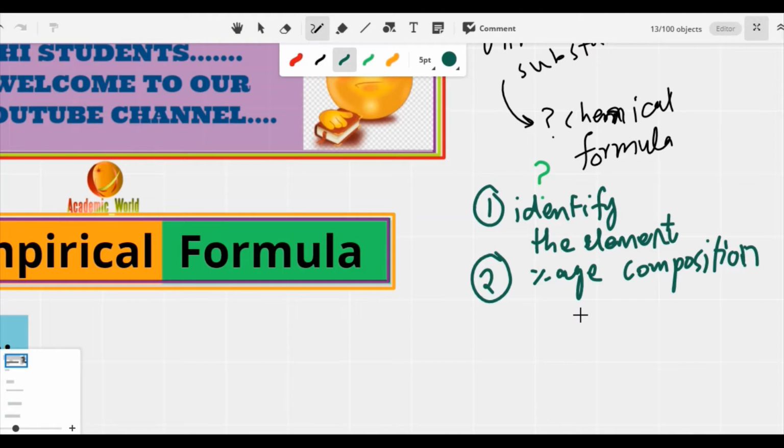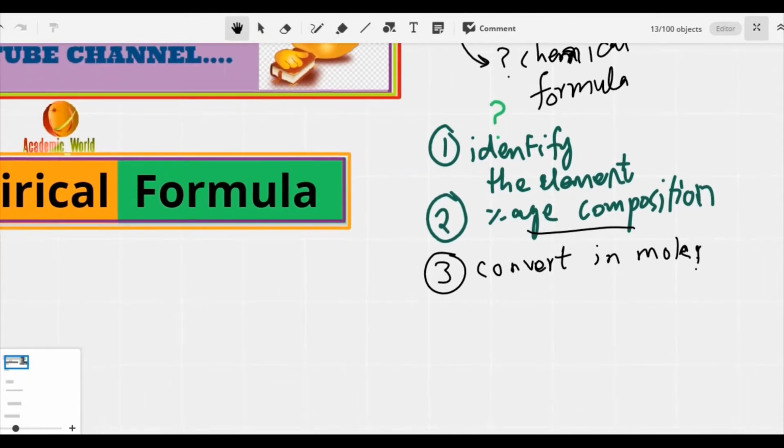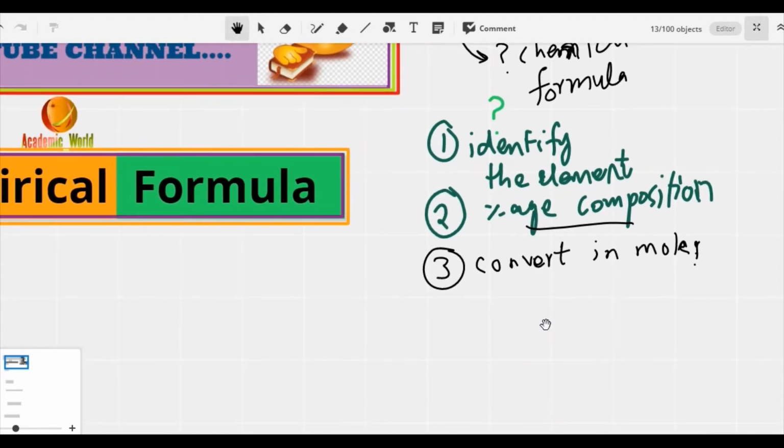And then we simply convert the mass values into amount in moles. So the third step is to convert the percentage composition into moles, which gives us the subscripts in the chemical formula of the substance. So these are the steps we can follow for finding the chemical formula.